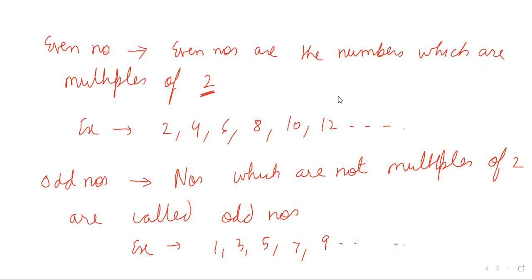Good, Samarth. What about Ahana? You are writing? Yes, ma'am. Why are Manan and Tanmay absent?